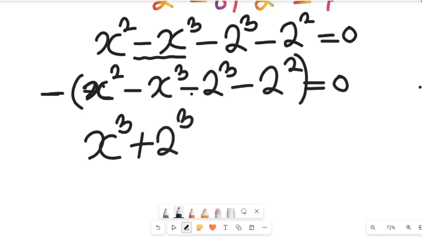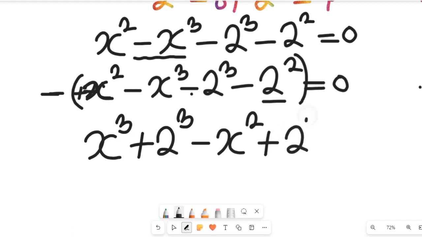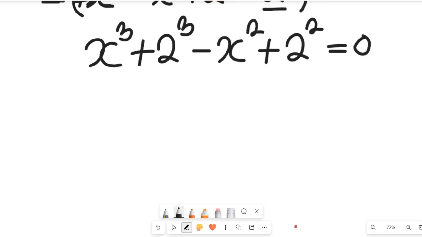So we'll have negative x to the power of 2, right? And then negative times negative 2 squared is going to give us a positive 2 squared, and this will be equal to 0.